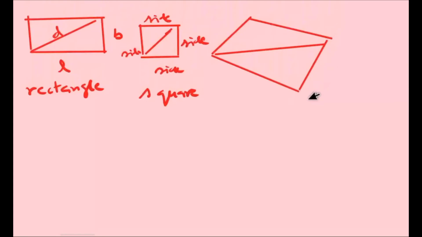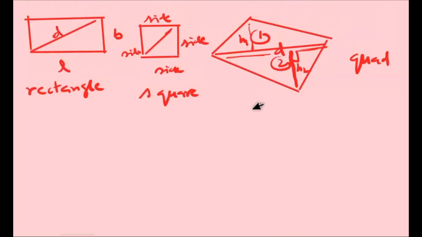That is any quad. Here is a quad. This is first triangle, this is second triangle. This one is diagonal, and this one is height h1, and draw the perpendicular here, height h2.